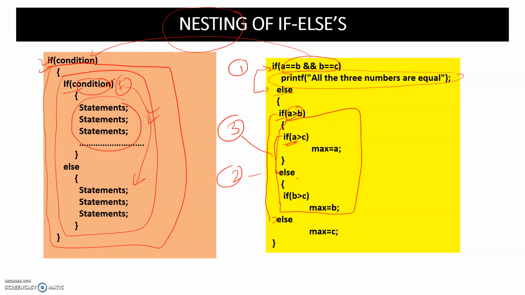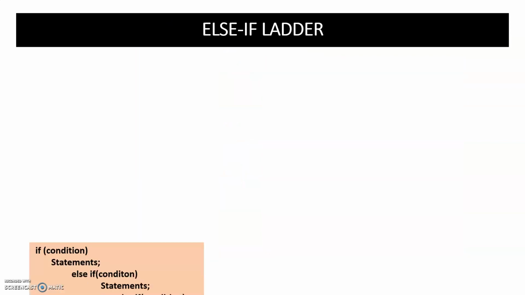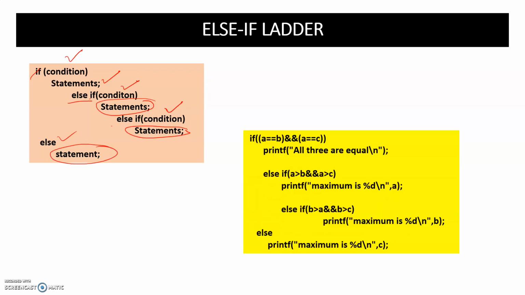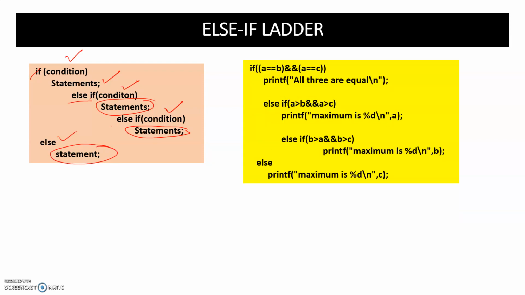The next is the else if ladder. If this condition is true, then execute this. Else if this condition is true, then execute this. Else if this condition is true, then execute this. If nothing is true, then the false part, execute this. An example is given for the else if ladder.